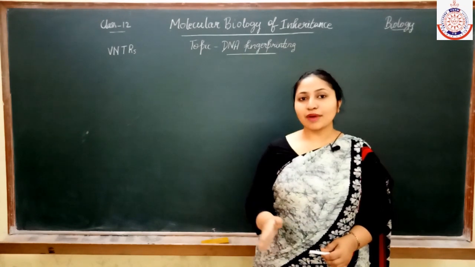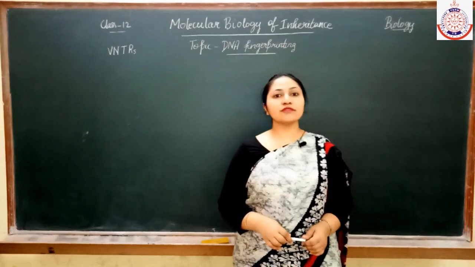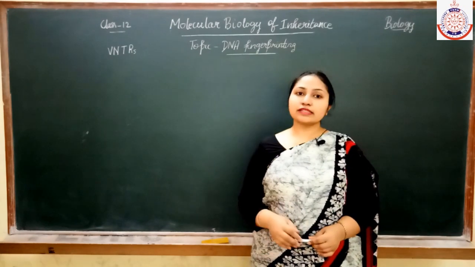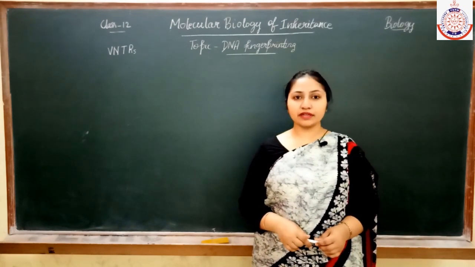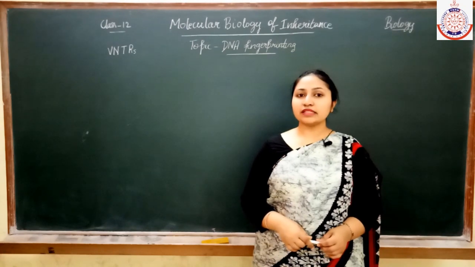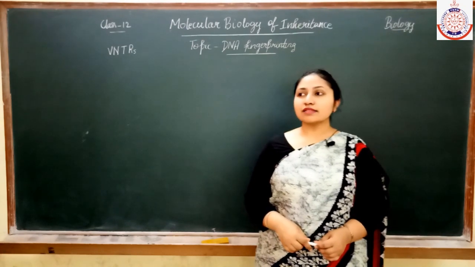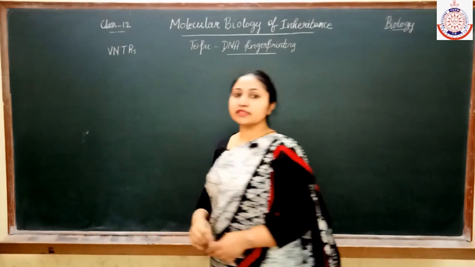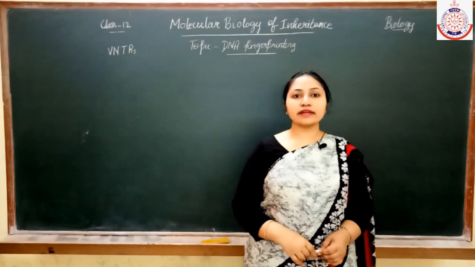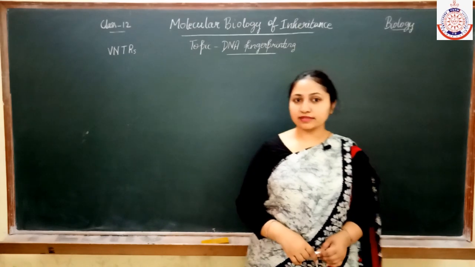First we will discuss the method of DNA fingerprinting, and later we will discuss the applications. Now what are these VNTRs? VNTRs are the variable number of tandem repeats, and these sequences are different in different organisms.